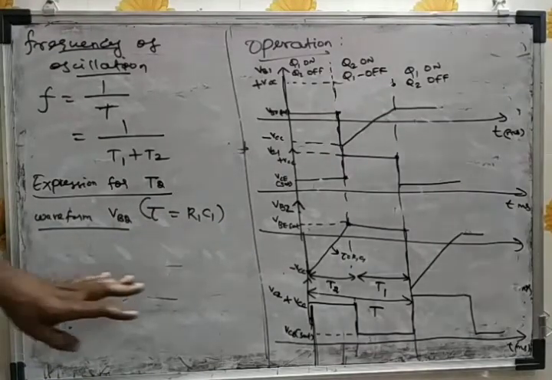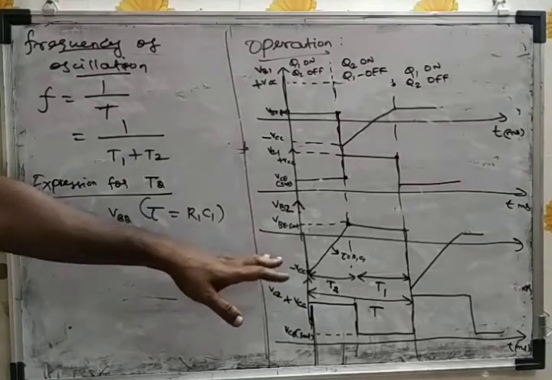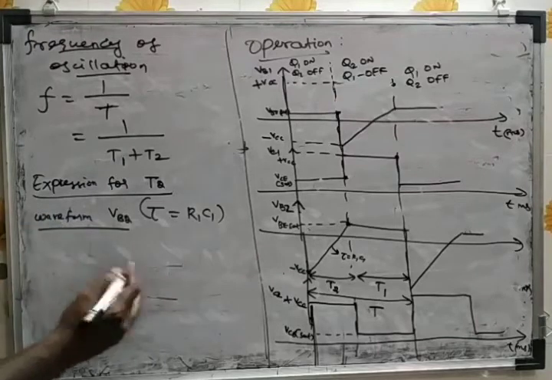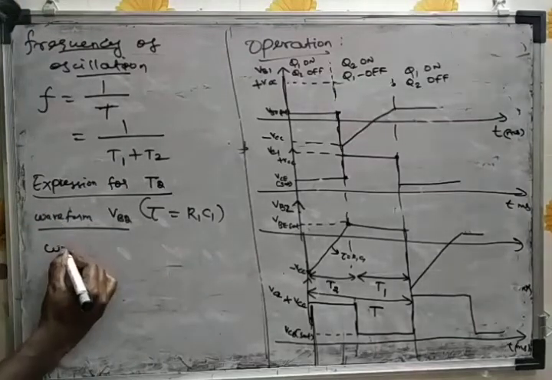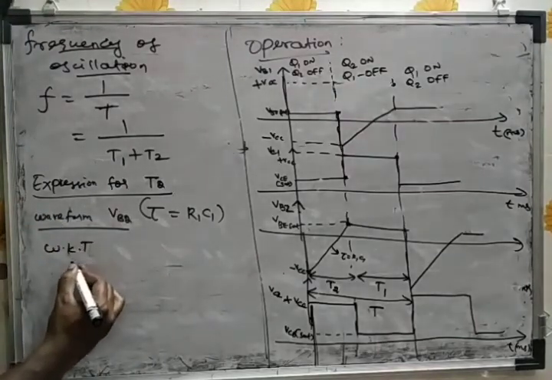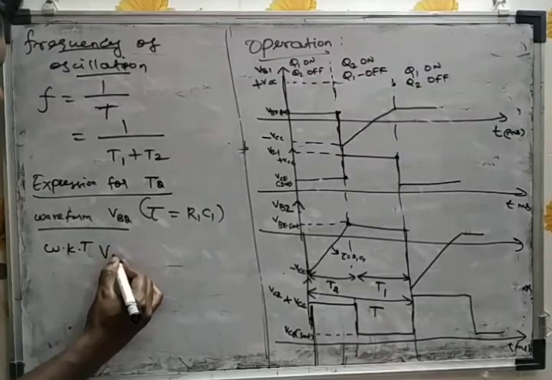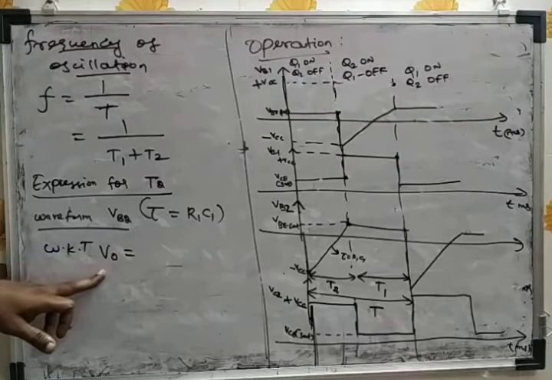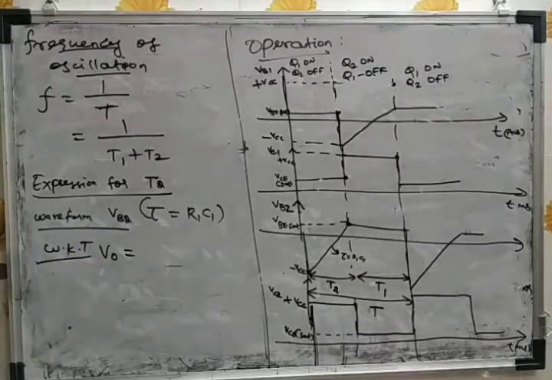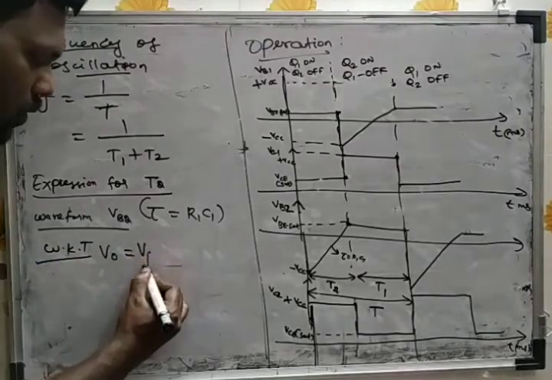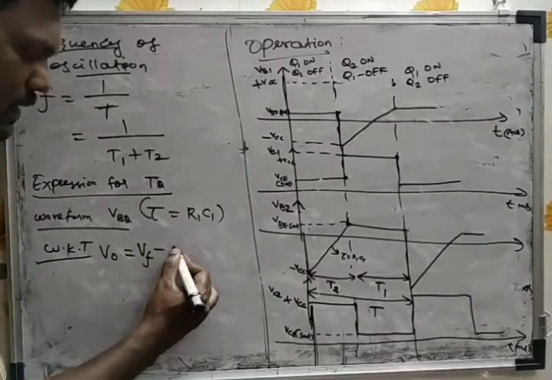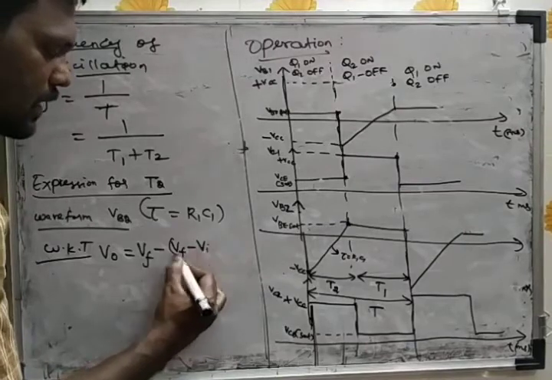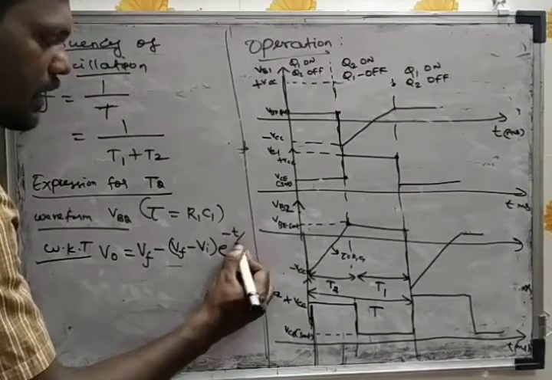So we know the capacitance voltage. This is a general form of the capacitance equation. V0 is equal to the final voltage of the capacitor plus or minus the final voltage minus the initial voltage of the capacitor, into e power minus t by tau.